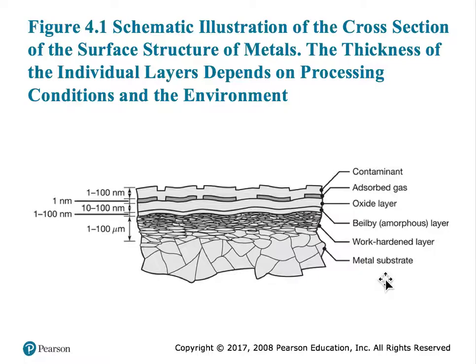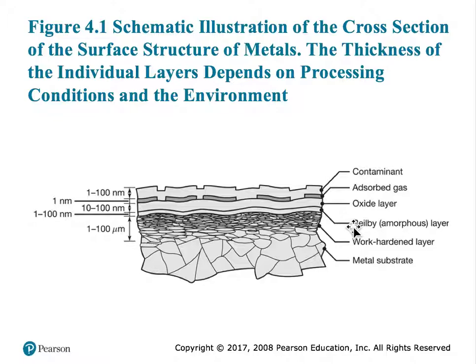So if you look at the surface structure, a cross section of the surface of the material, you can identify different thicknesses to the part. The topmost layer, which is approximately 1 to 100 nanometers, has contamination, and while you are doing this, there might also be some adsorbed gas.